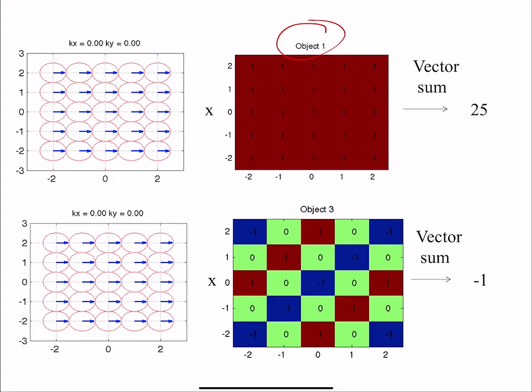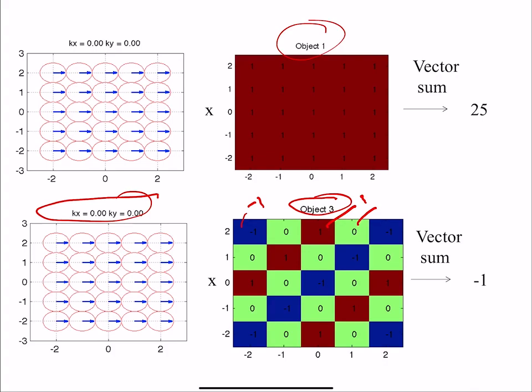So I'm just going to sit down to draw these a little bit. This object 3 is different. Everywhere there's a blue, that's a -1, and everywhere there's a red, that's 1, and everywhere there's a 0, that's obviously 0. So this is an object that's going from -1 to 1 to -1. If I'm at the center of K-space, the spins are all pointing along 1.